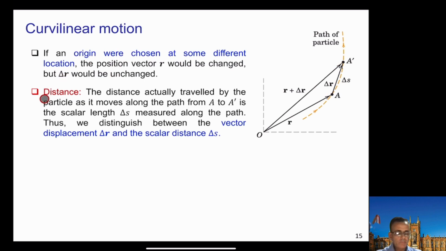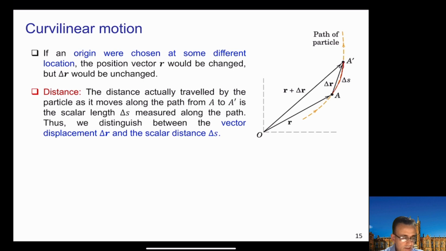Now in 1D or rectilinear motion, it was hard to differentiate between distance and displacement, but in curvilinear motion we can differentiate between displacement and distance. The distance in this case is the distance actually traveled by the particle as it moves along the path from A to A dash, along this orange path.